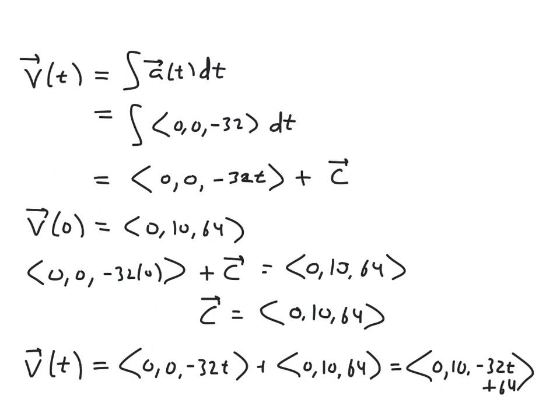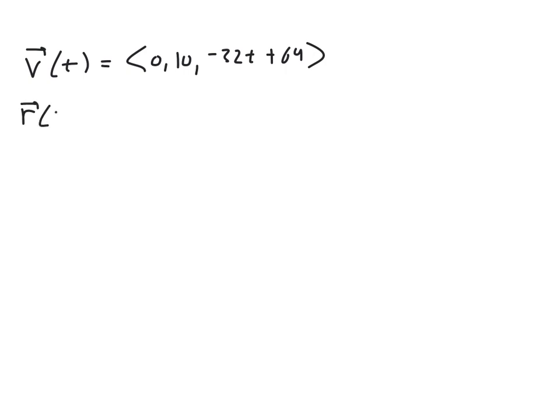And now once we have the velocity vector, we can just repeat this process to find the position vector. So we just saw that the velocity vector is the vector 0, 10, and negative 32t plus 64. And so we want to find the position vector r of t. And that we know is the integral of the velocity vector.